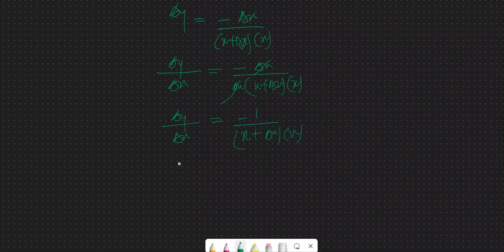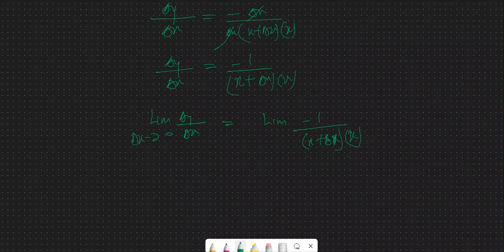So we have the limit of changing y over changing x as changing x approaches 0 equals the limit of minus 1 over x plus changing x, then x.